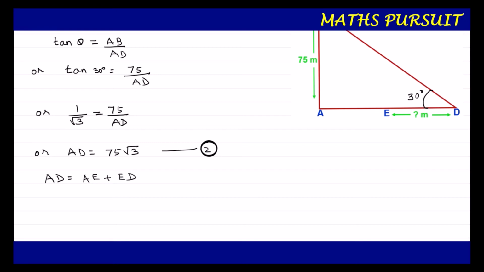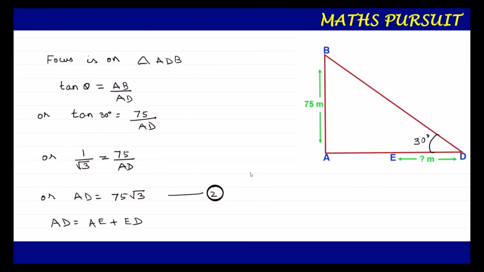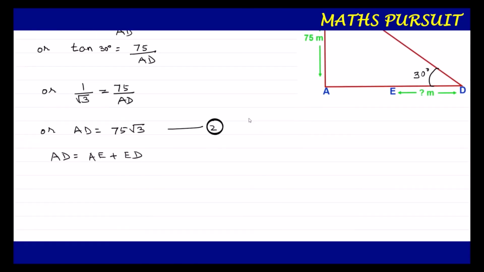In equation number 1, we got the value of AE as 75, and equation number 2 says that AD is 75 root 3. So let us replace these values.